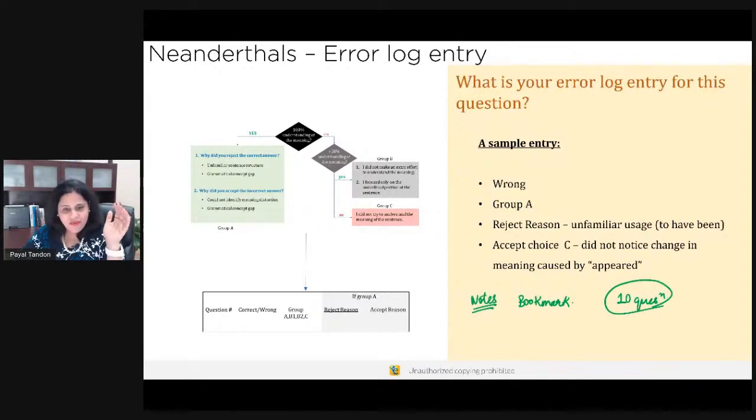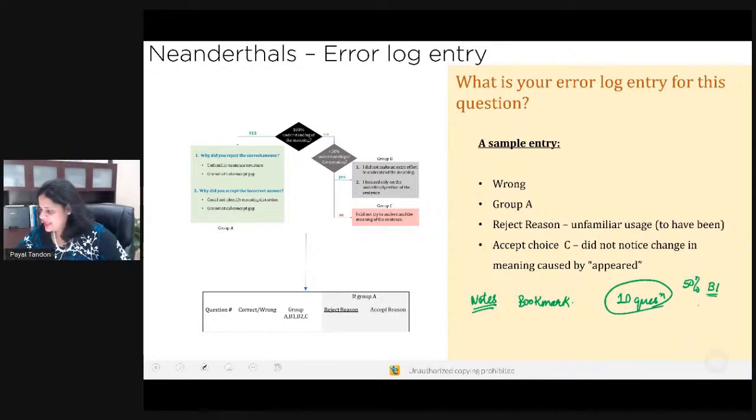You spend about half an hour figuring out what was the main reason why you answered these questions incorrectly. If you find that, let's say for 50% of the questions you belong in group B1, that means your corrective action has got nothing to do with grammatical concepts. Your corrective actions pertain to spending those 15 extra seconds to infer the meaning of the sentence.